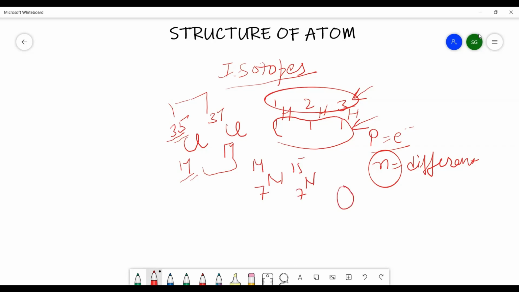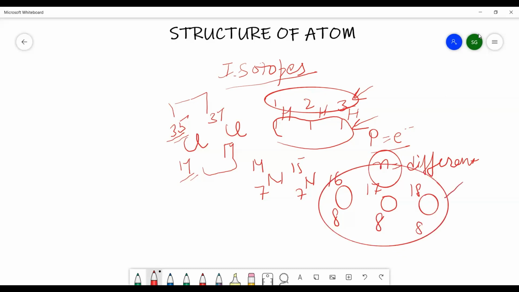Another example is oxygen: 16,8, oxygen 17,8 and oxygen 18,8. Among these three isotopes of oxygen, one is radioactive in nature, meaning it has a short lifetime, and it is used for the detection of reaction mechanisms and for various other purposes.